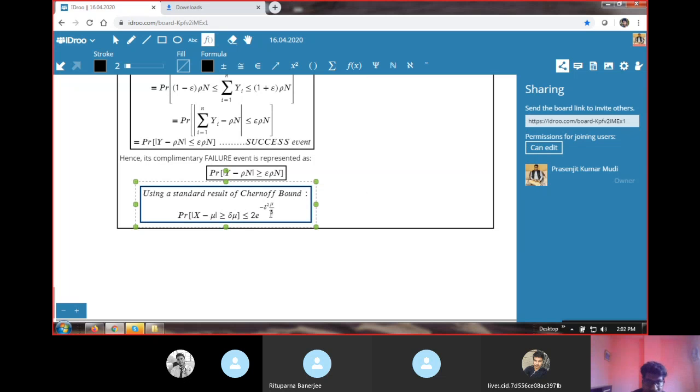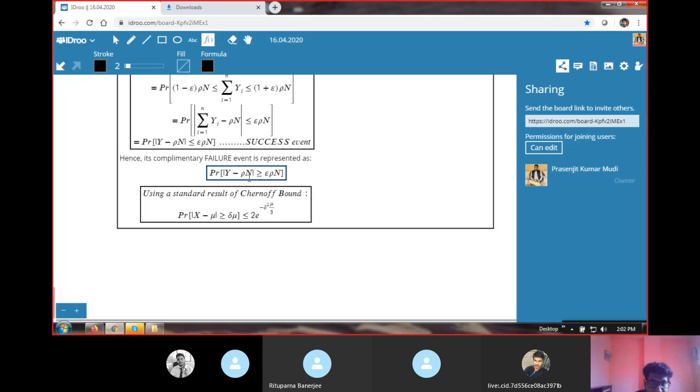This is the bound which is very popular, known as the Chernoff bound. We are not interested in deriving this result, we can just use it. And you see in our context we have a similar structure: y minus rho n greater than or equal to some delta n, where delta is epsilon rho.